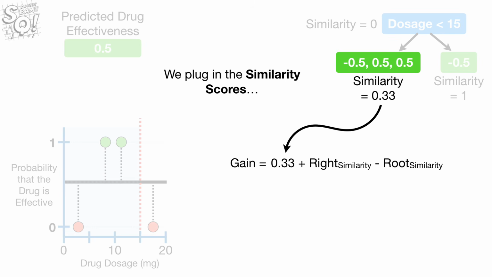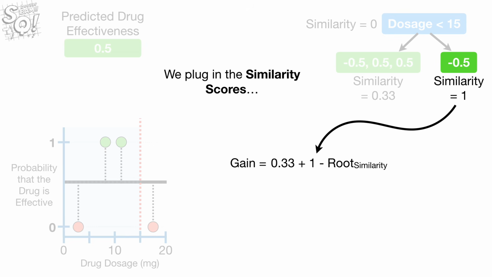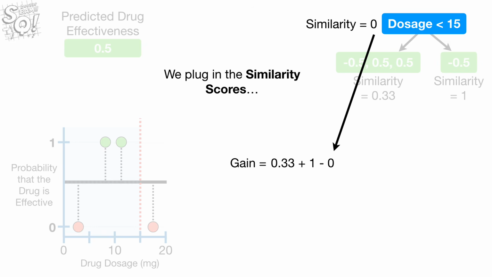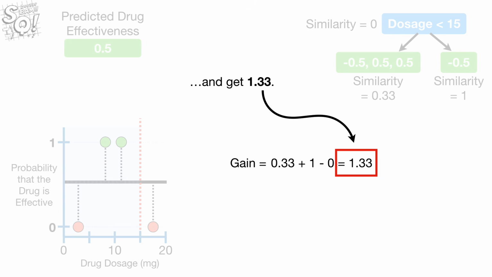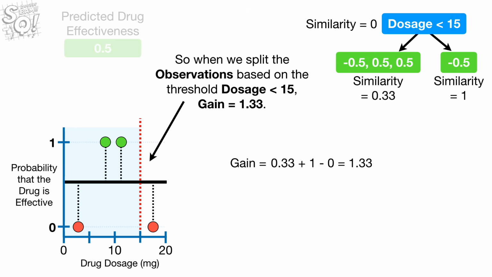We plug in the similarity scores, and get 1.33. So, when we split the observations based on the threshold, dosage less than 15, gain equals 1.33.